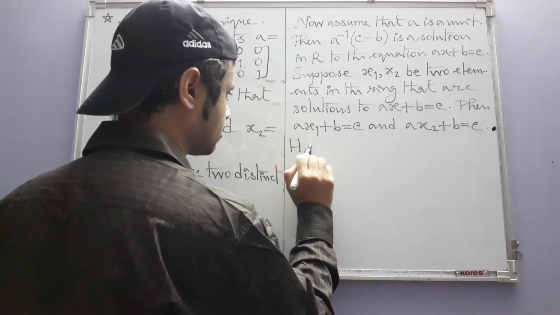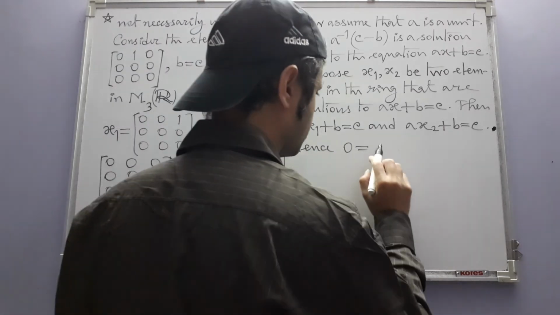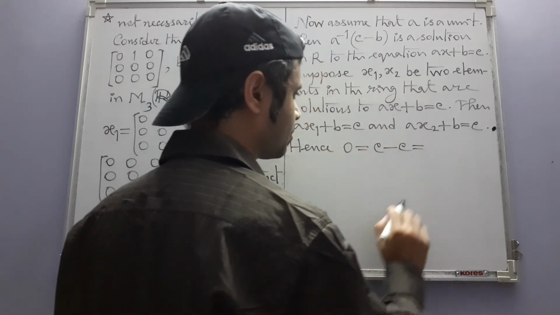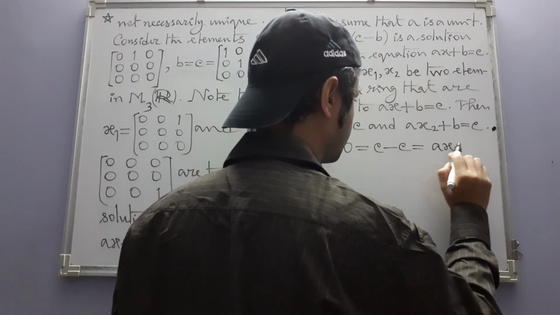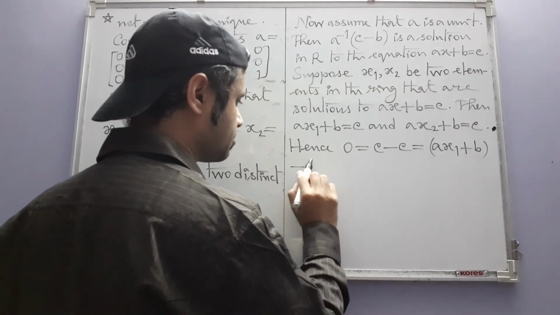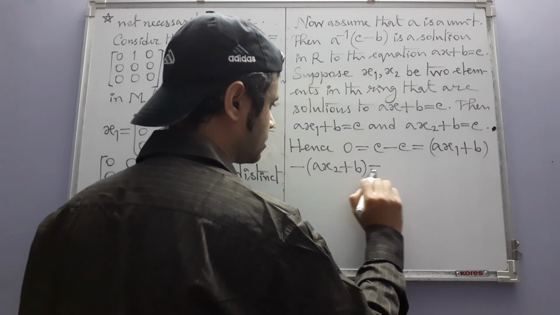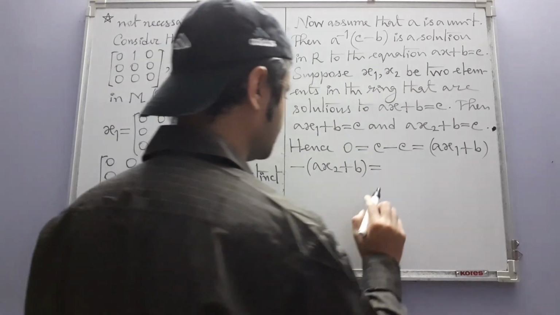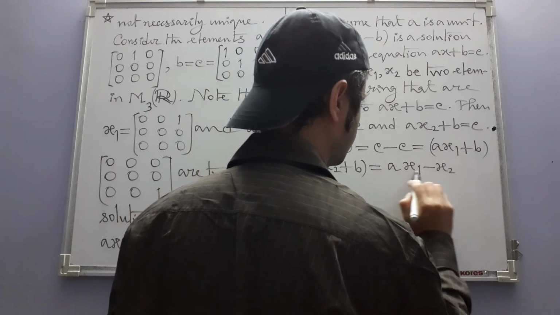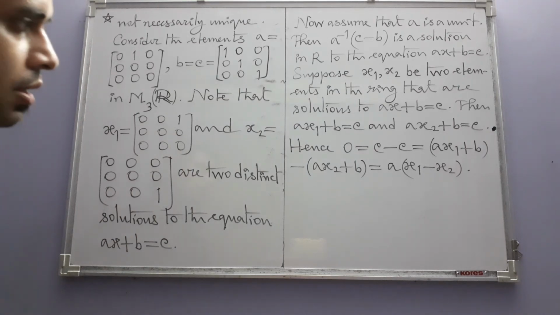Hence 0 can be written as C minus C. Now in place of the first C you can write Ax1 plus B, and the second C can be replaced with Ax2 plus B. So you can see that ultimately we end up with A times (x1 minus x2). So 0 is equal to A times (x1 minus x2).